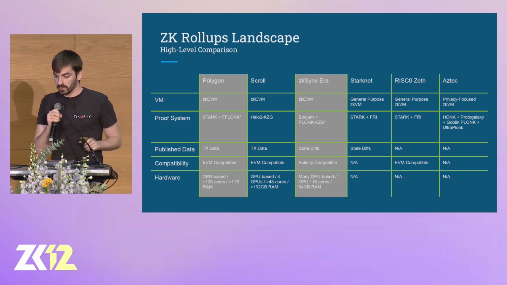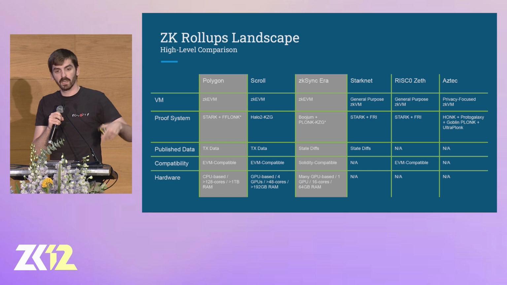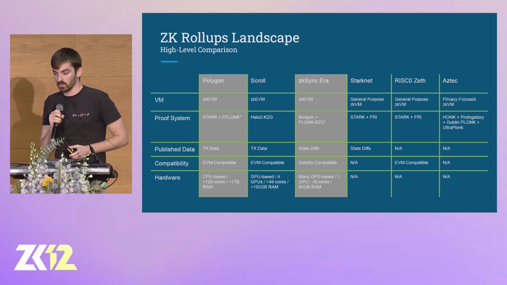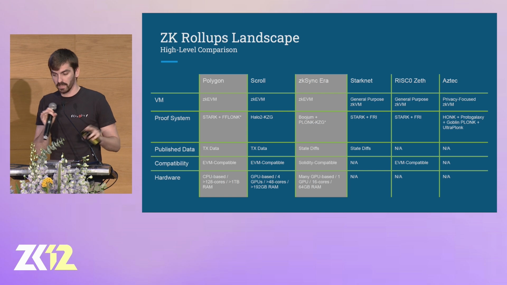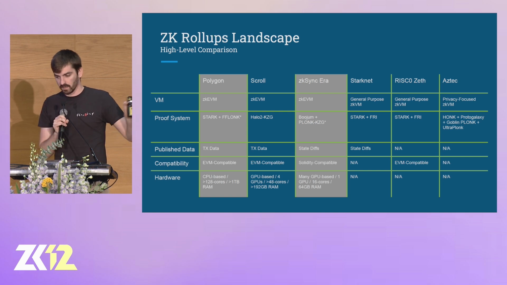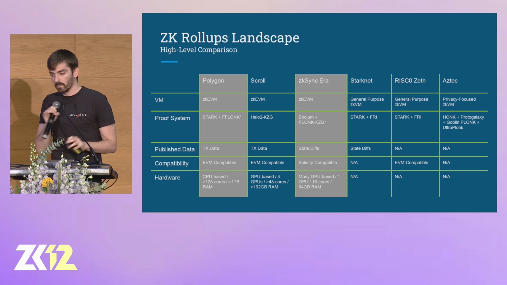Another main difference is that Polygon publishes transaction data on the L1, whereas zkSync Era uses state diffs. And finally, Polygon uses a large CPU-based machine, at least at that point, and zkSync Era has a more complicated hardware specification where they use many smaller GPU-based machines.